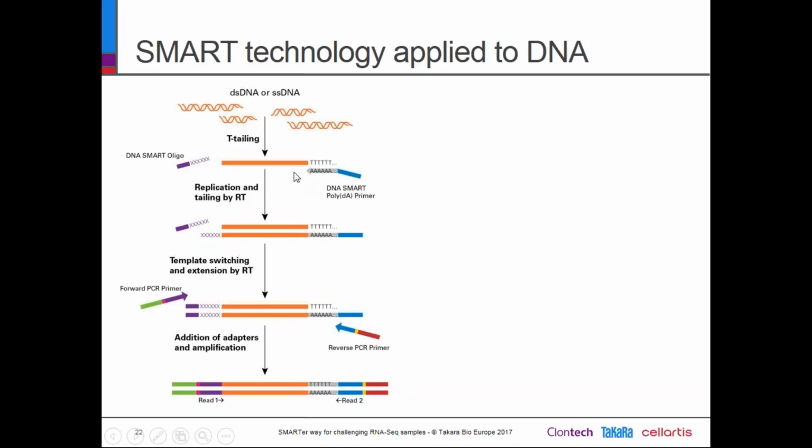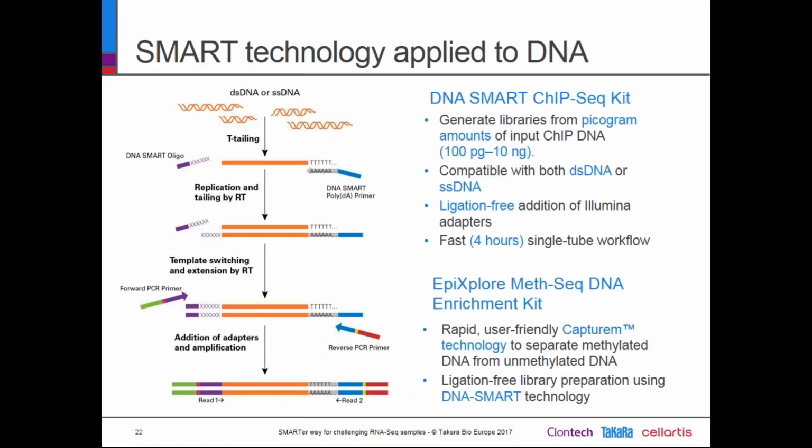It means that we will be able to copy this DNA strand and incorporate the adapters and indexes thanks to template switching and PCR steps. So this technology is available for two different applications. The first is for ChIP-Seq, and this technology is very well suited for ChIP-Seq because usually what you obtain from ChIP is DNA that is single-stranded and of very low input amount.